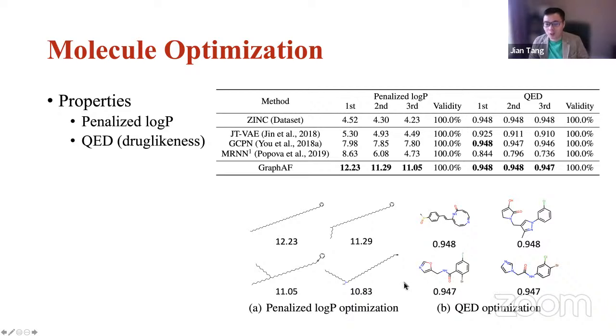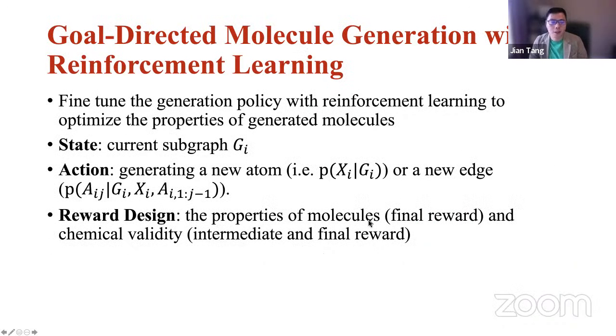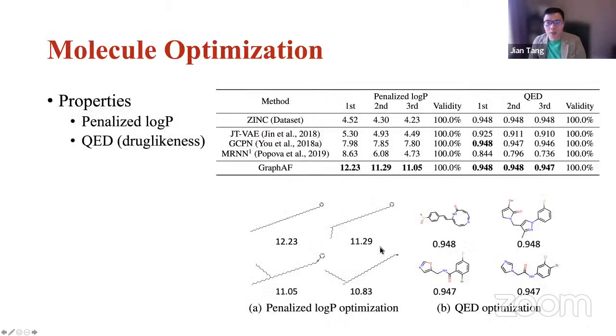Of course, you may find it weird: if you want to maximize the P log P property, you will find molecules which are chain-like molecules, which is a little bit weird, right? The reason is that in both cases we only try to maximize a single property.